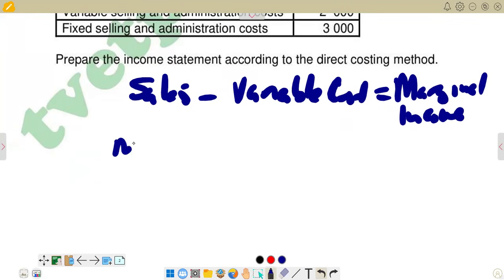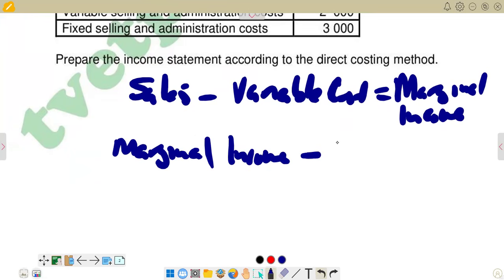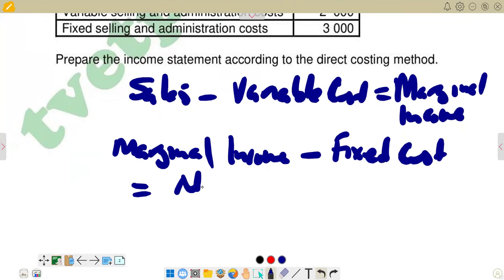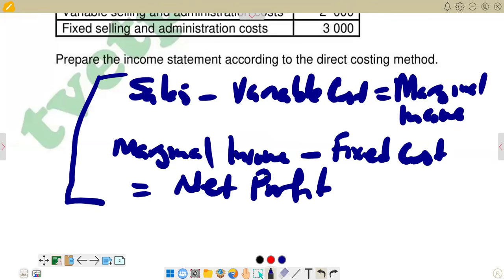So later on we say marginal income subtract fixed cost. Then you get your net profit. This is exactly what we are supposed to do when we are presenting in terms of the direct costing method.